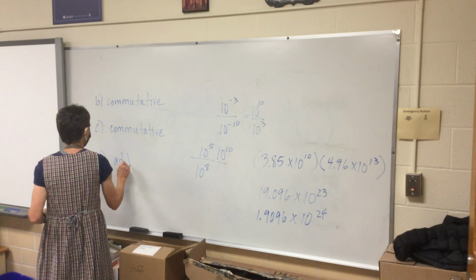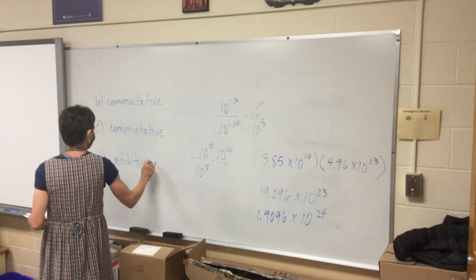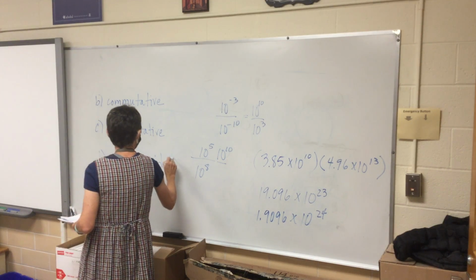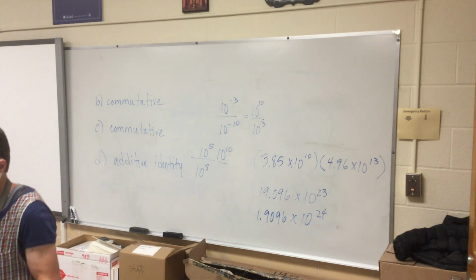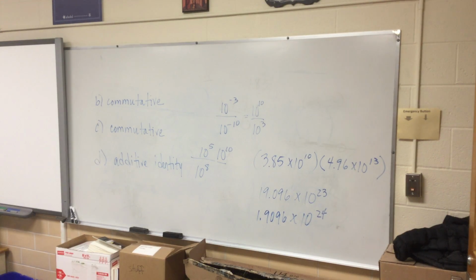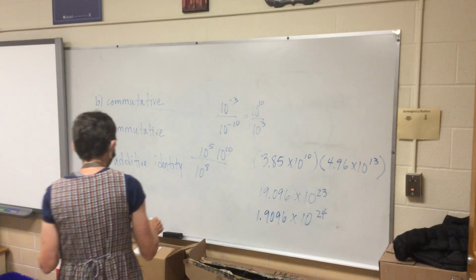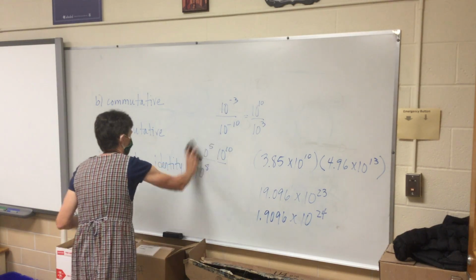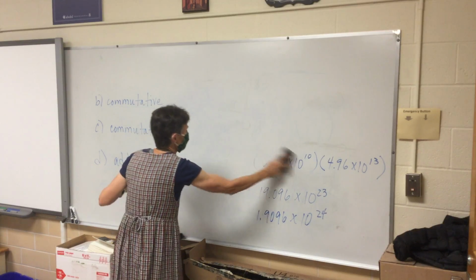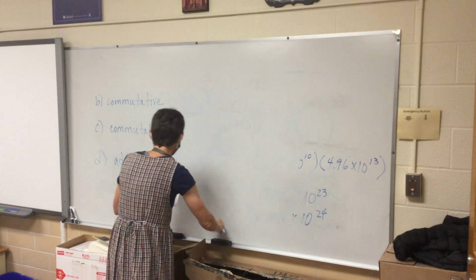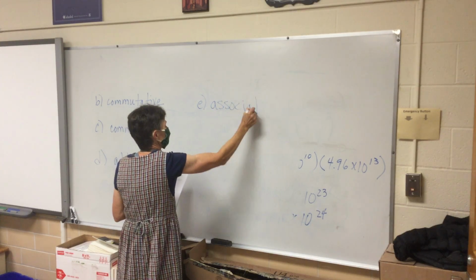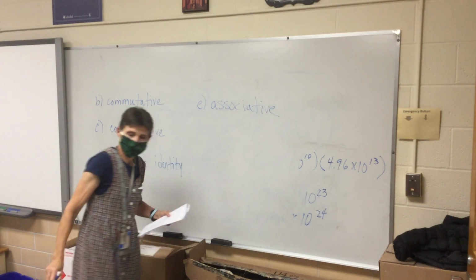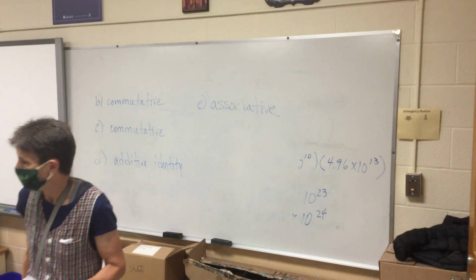It's the additive identity. The next one is commutative. Okay, now be careful. For the next one, E: did the order change? No. E is associative. You just got to remember commutative is order.